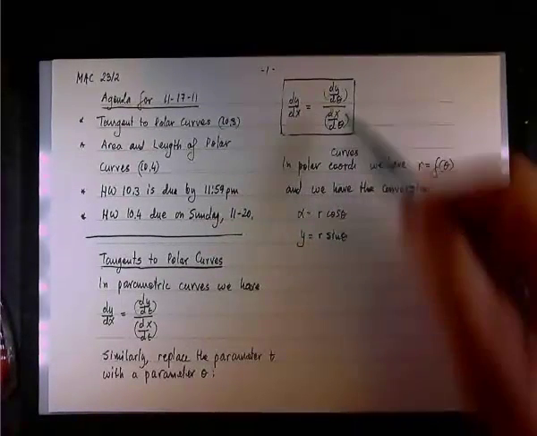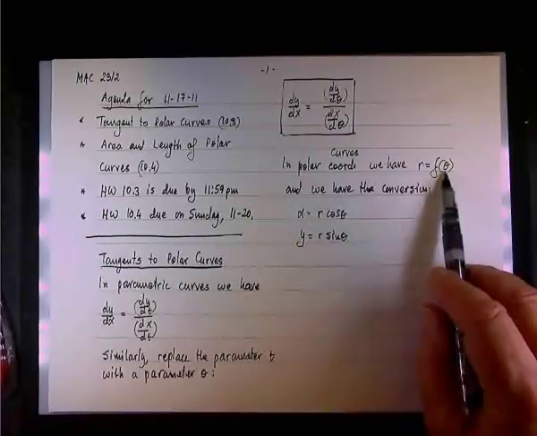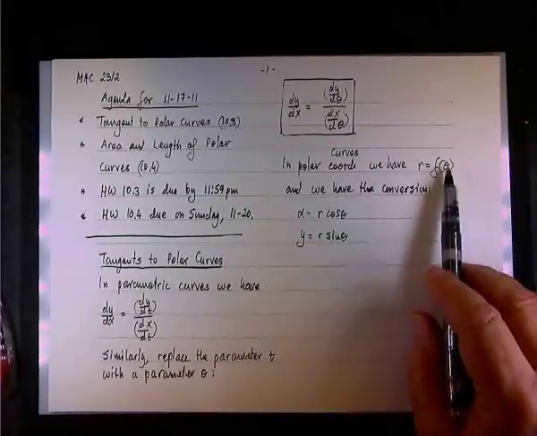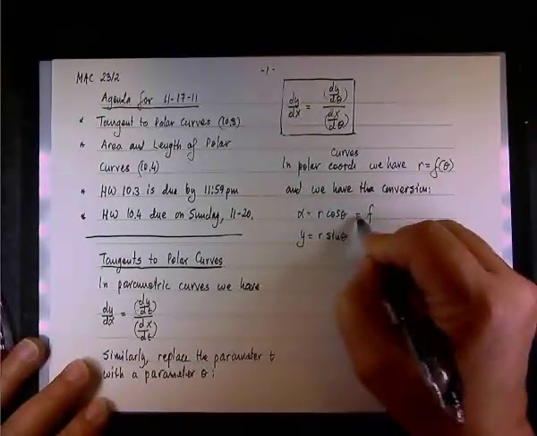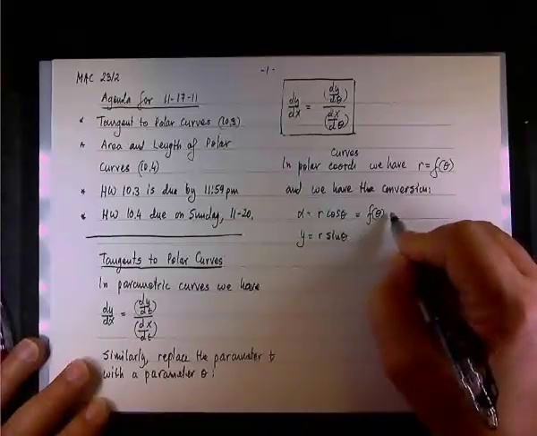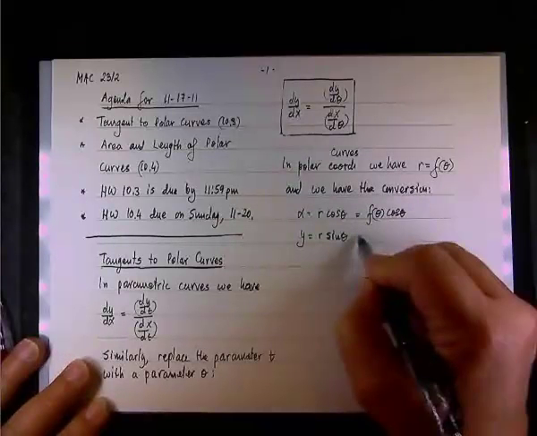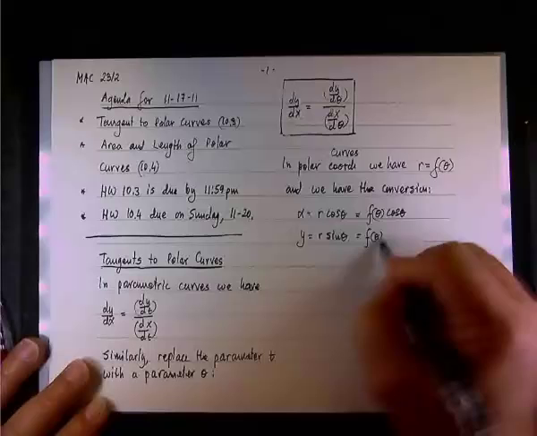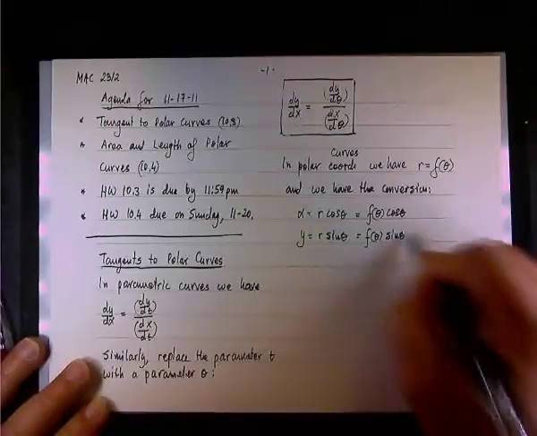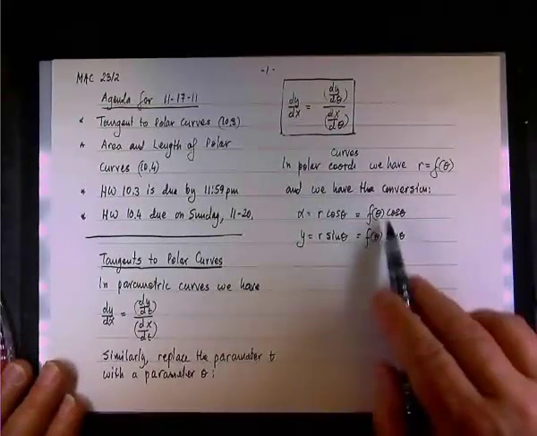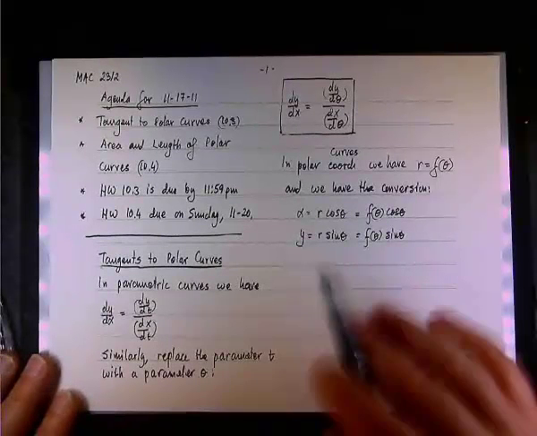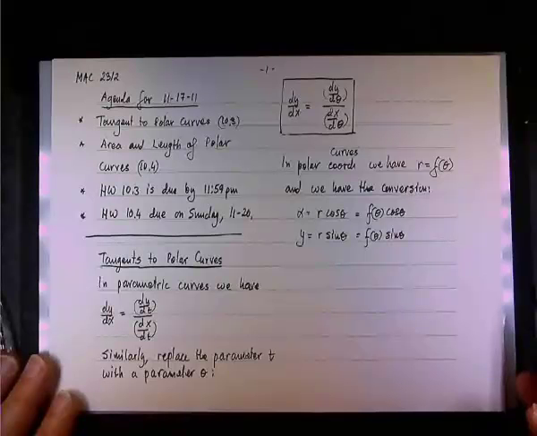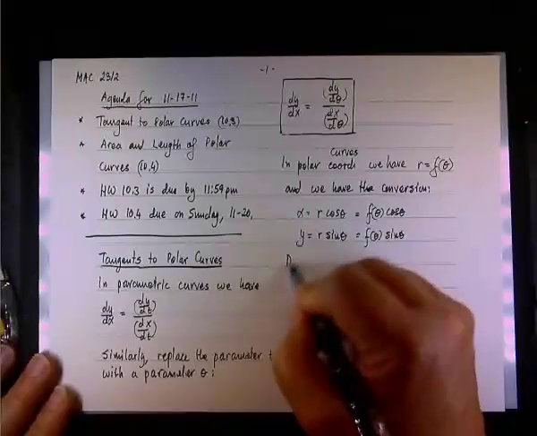So when we take the derivative dy/d theta and dx/d theta, we need to keep in mind that r now is a function of theta. Might as well write it as f of theta for r, times cosine theta and times sine theta. And it becomes clear that we need to use the product rule when we differentiate x and y with respect to theta.